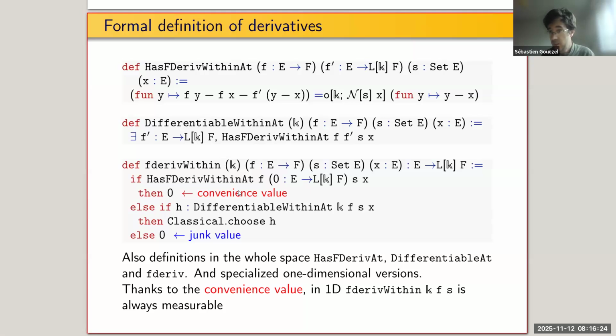It has no bad consequences. For instance, a theorem which is true with the definition I've written, but would be false without this convenience value, is that in one dimension, the fderivWithin of a function is always measurable, whatever the set S, even if S is the empty set. It may seem crazy. If S is the empty set, then you have nothing to check here, because points cannot converge while remaining inside S.